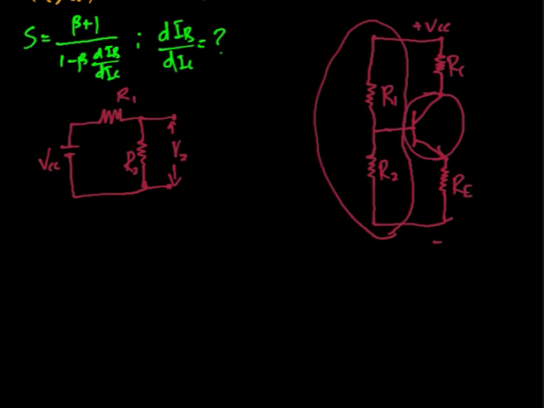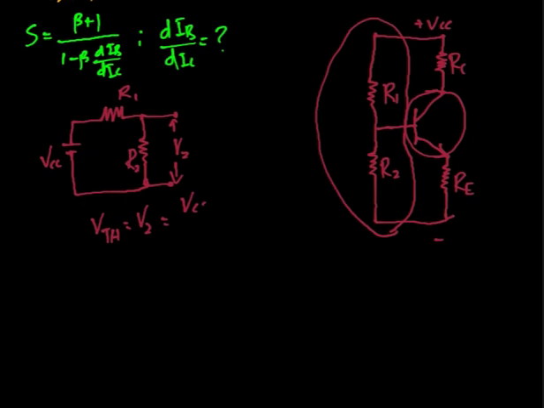For that we have to find the Thevenin voltage, that is VTH. The Thevenin voltage is actually nothing but the V2, which is equal to VCC divided by (R1 plus R2) into R2, which we call V0.